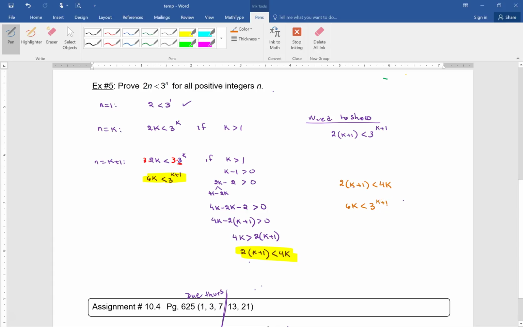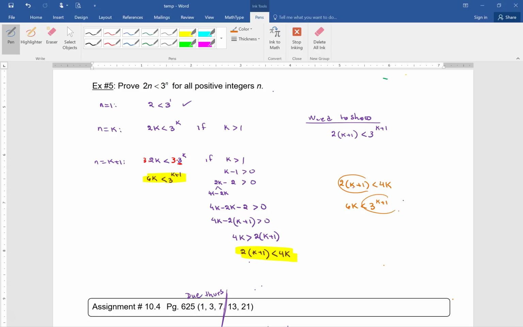Now you can either reason this out, or you can add another step. So let's talk this out. This is less than 4k. 4k is less than 6k, right? And 6k is less than 3 to the k plus 1. So 6k is less than that. I'm sorry, 2 to the k plus 1 is less than that.